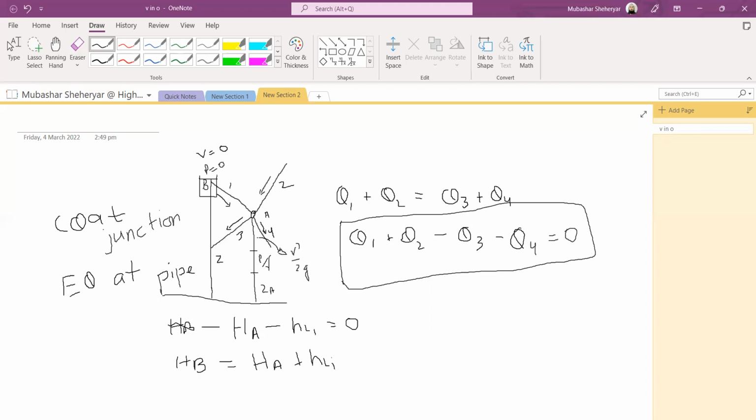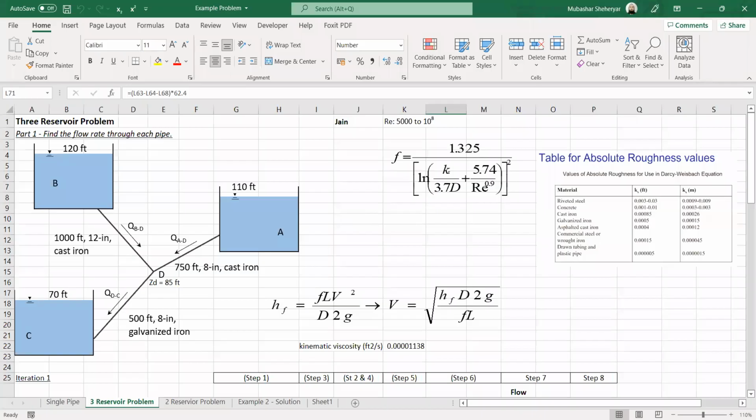So now let's solve the problem. We are given three reservoirs with the elevation head of each reservoir.